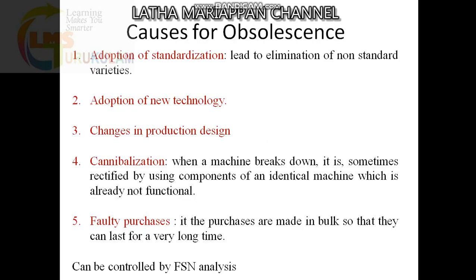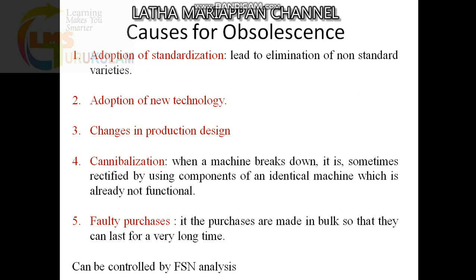Next one is causes for obsolescence. Adoption of standardization, which leads to elimination of non-standard varieties. Adoption of new technology, change in production design. Cannibalization means when a machine breaks down, it is sometimes rectified by using components of an identical machine which is already not functional.